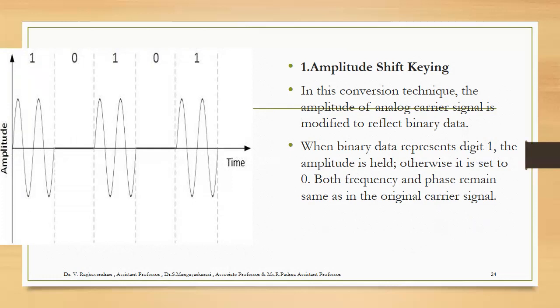Both the frequency and the phase remain the same as in the original carrier signal. In the diagram, first value 1, next 0, 1, 0, 1. So 1 means amplitude signals are generated. 0 means there is no signal.